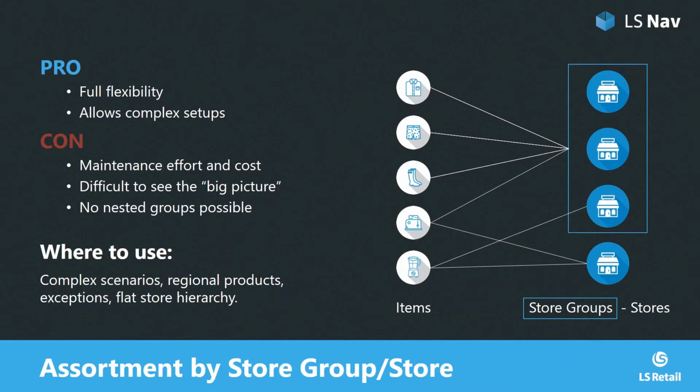And then it can become difficult to still see the big picture, which items are assigned to which stores. Nested groups are not supported, so you cannot have store groups within store groups. This approach is the perfect fit if we have complex scenarios, including regional products and exceptions.